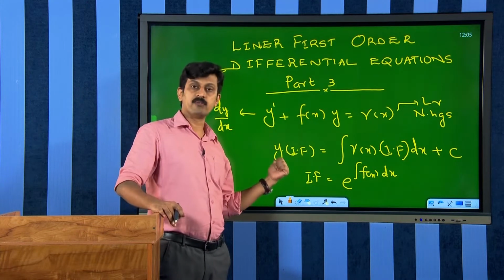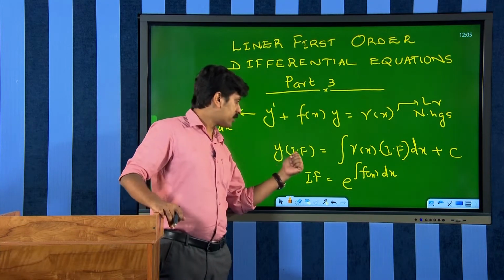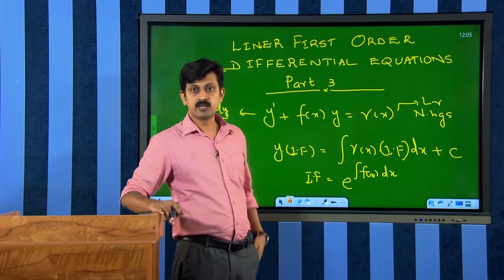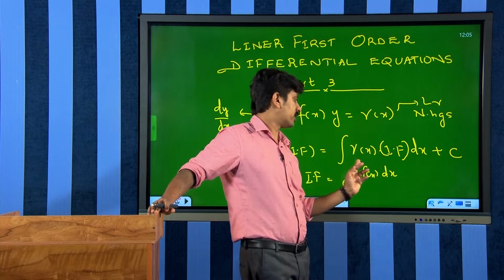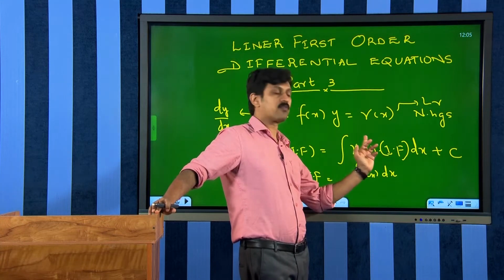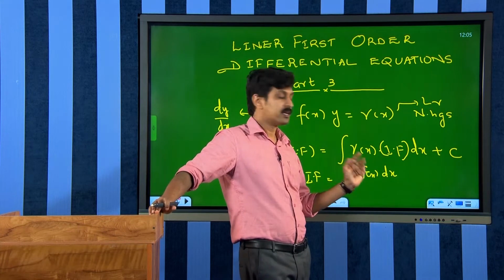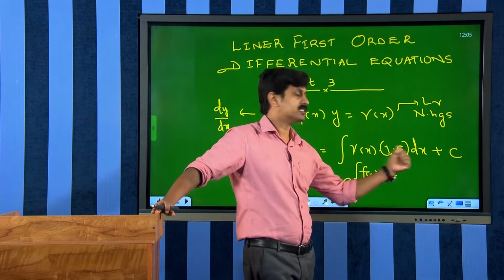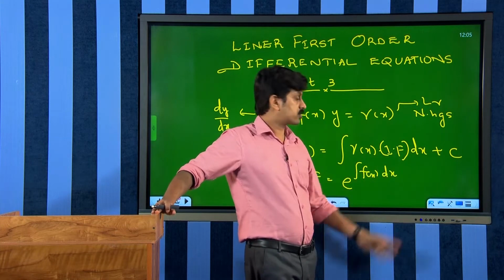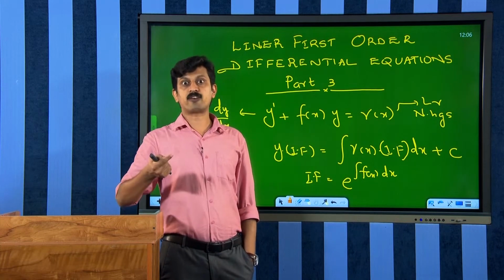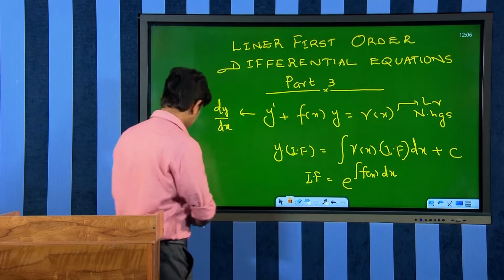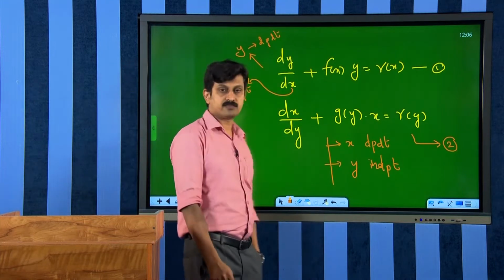Instead of y we will have x, and there is an integrating factor. Instead of r of x we will have r of y, and instead of dx we will have dy. So we have to find the integrating factor.